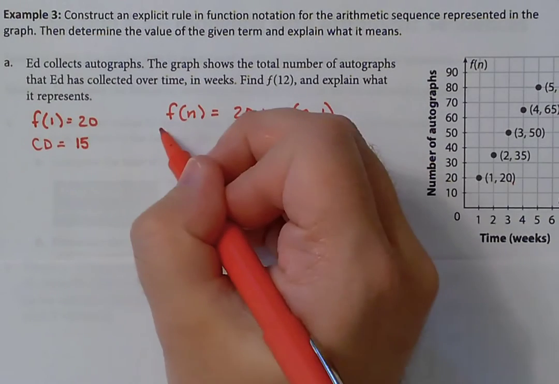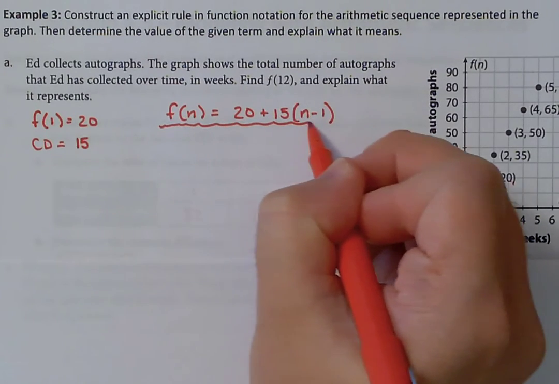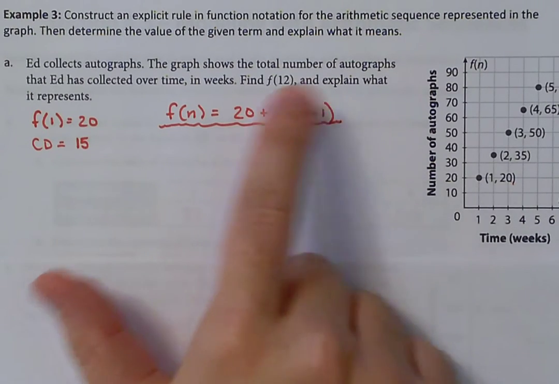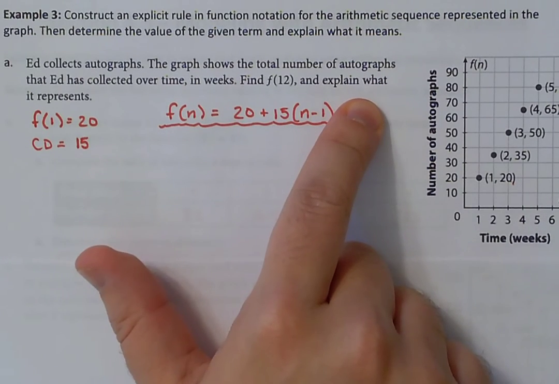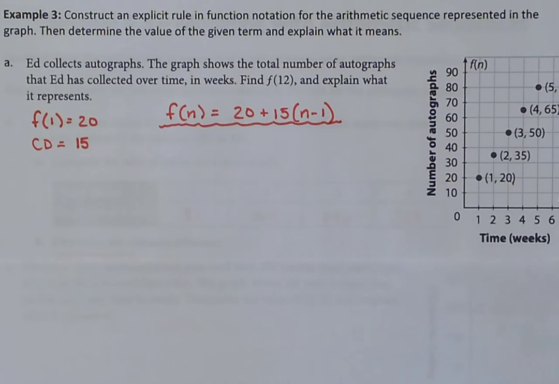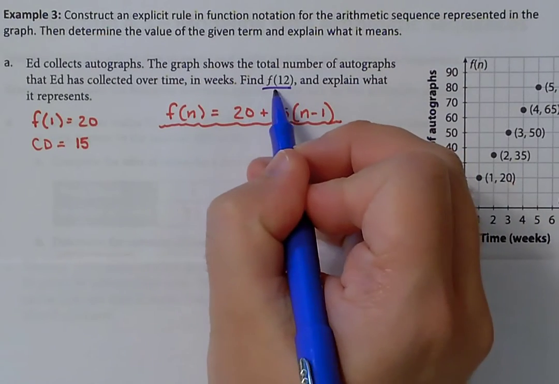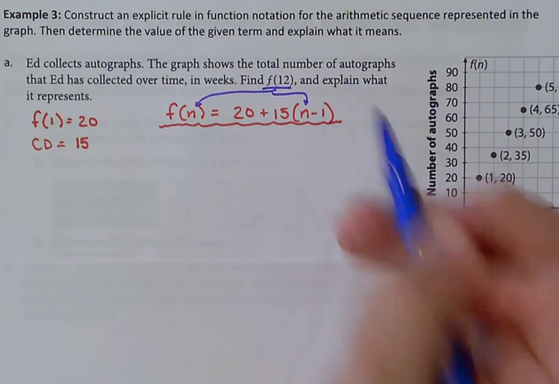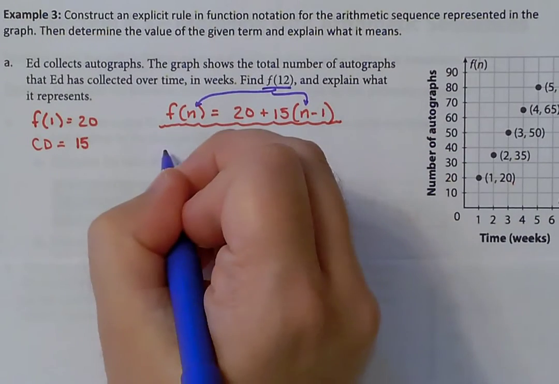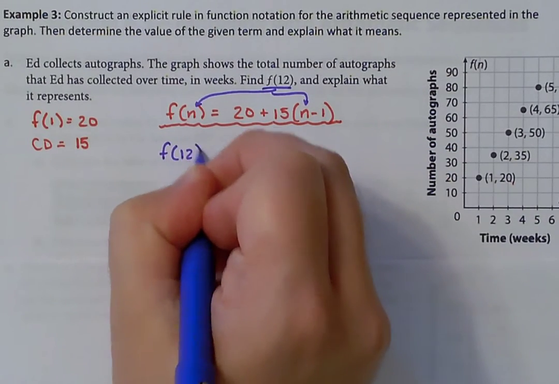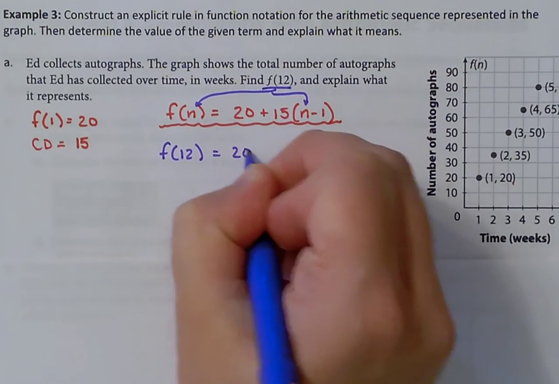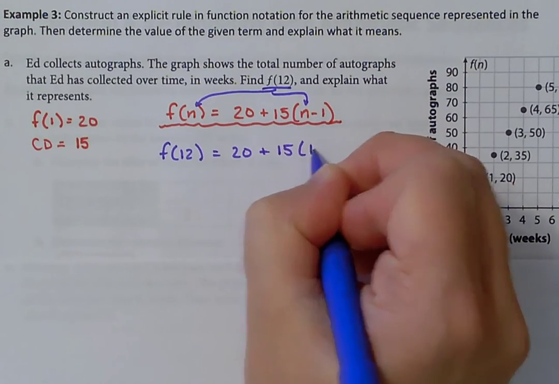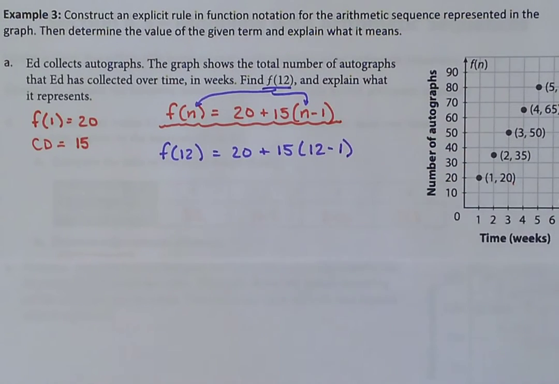So this is my explicit rule that I'm going to use to figure out the 12th term and explain what it means. Now, to figure out the 12th term, we're going to plug 12 in for n. So we're going to have f of 12 equals 20 plus 15 times 12 minus 1.